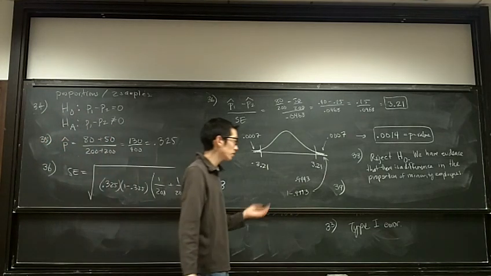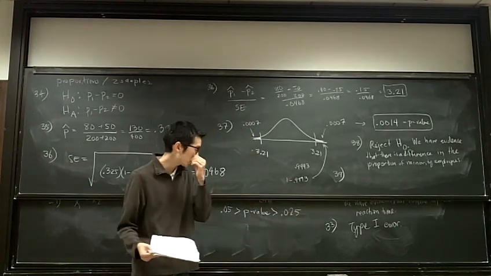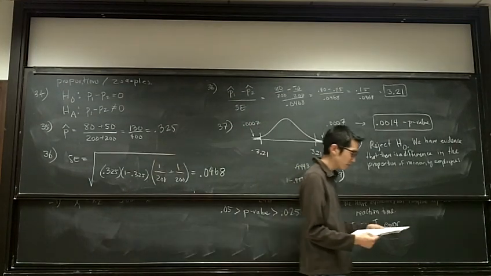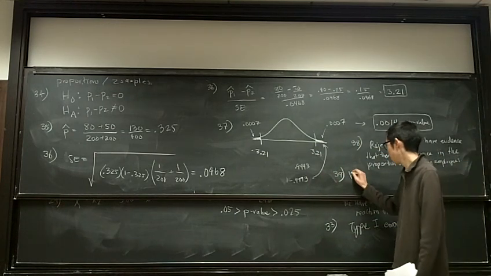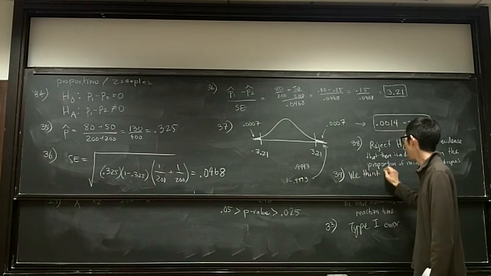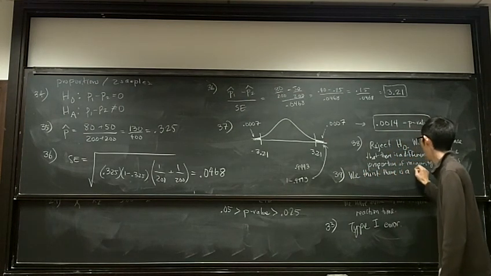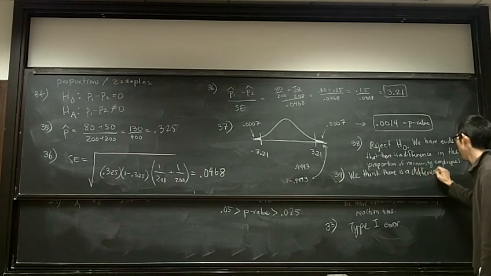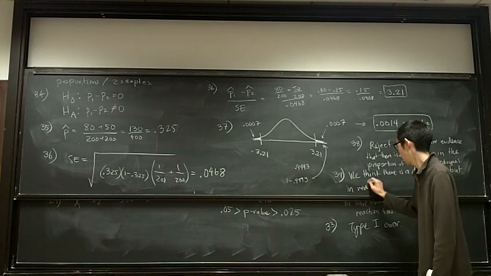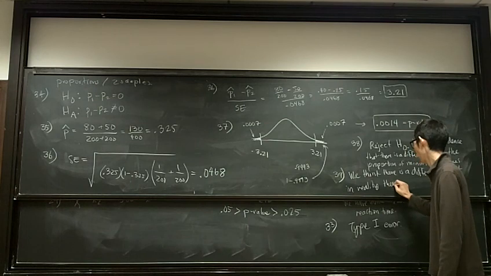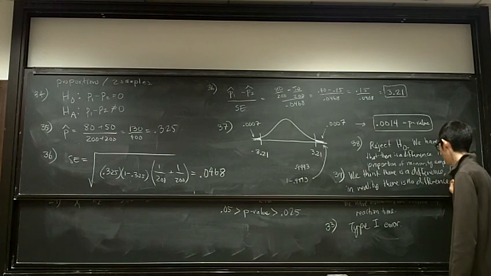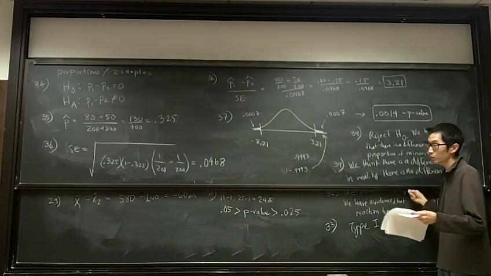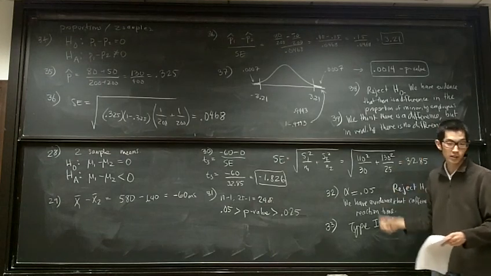So we think there's a different proportion of minority firefighters and police officers, but in reality, the proportions are the same. That's what a type 1 error would be in the context of this problem.